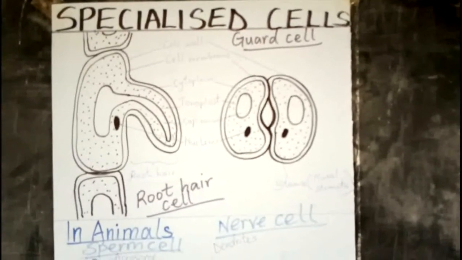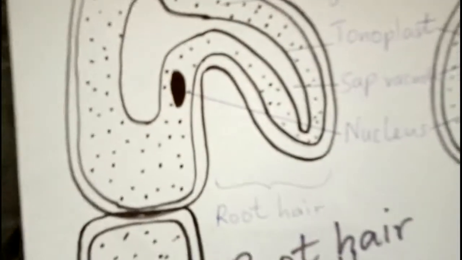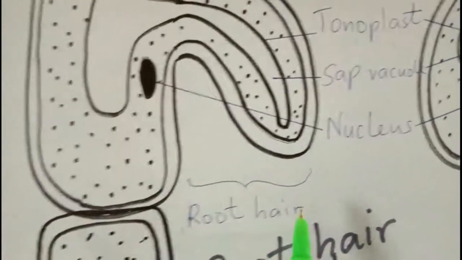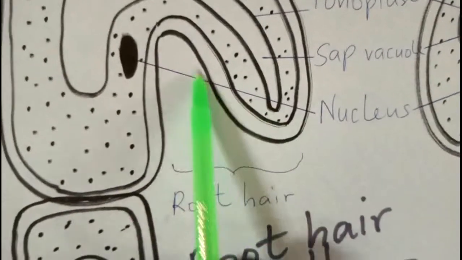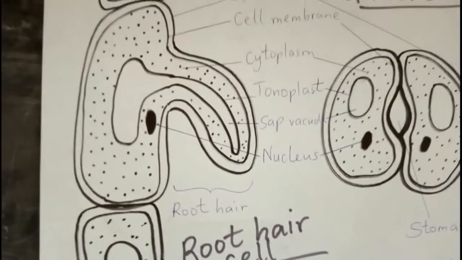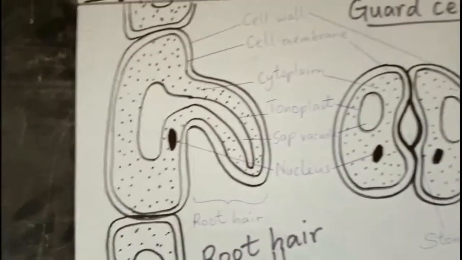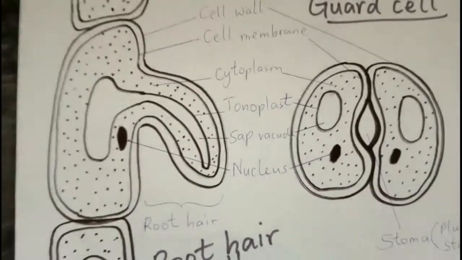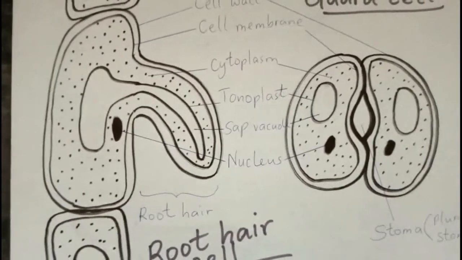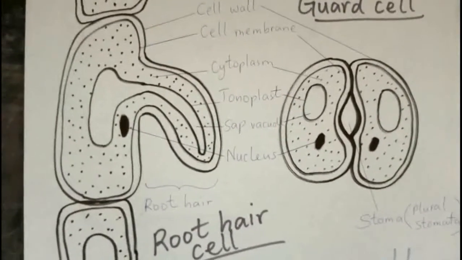The root hair cell has a certain projection which is called the root hair. Hope you'll be able to see when I zoom in. It has this projection over here which is called the root hair, and this is the hair-like structure that is found in some roots. It is the smallest, and it is unicellular, it is single-celled, and that enables it to absorb water from particles of soil which are even close together, very small in fact.